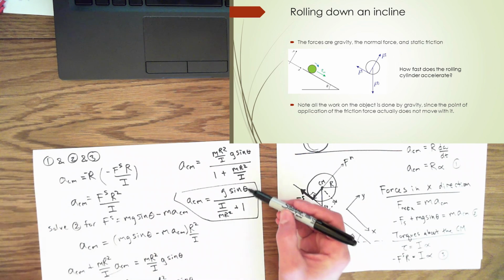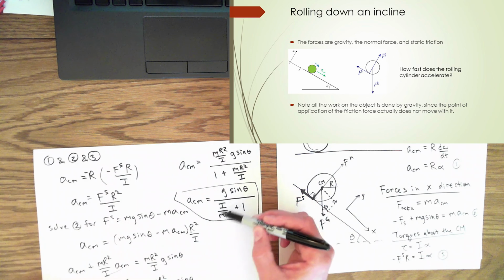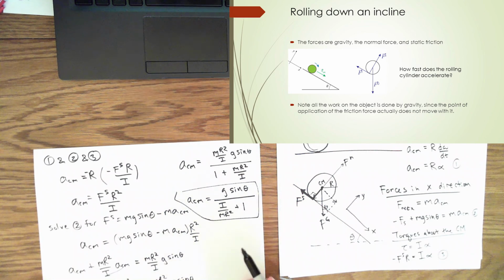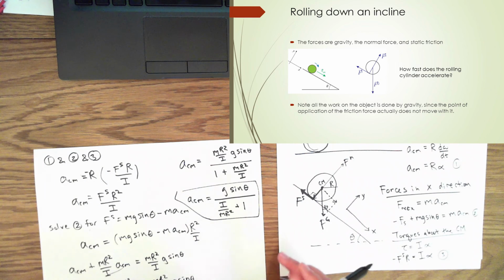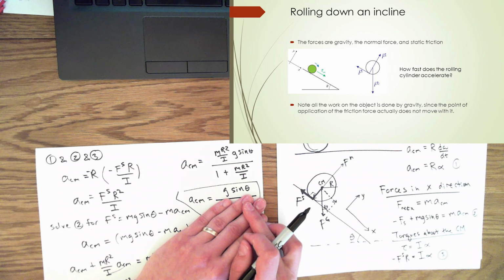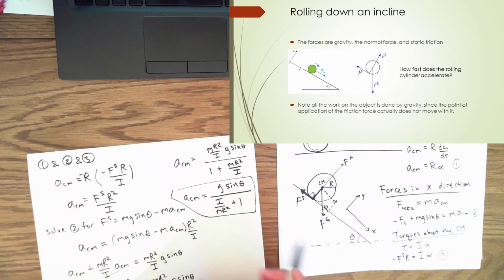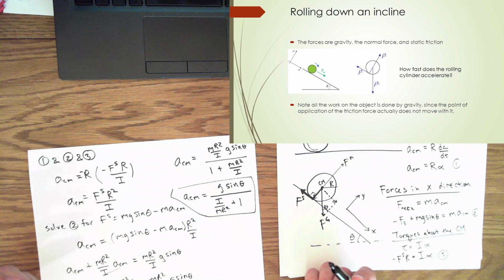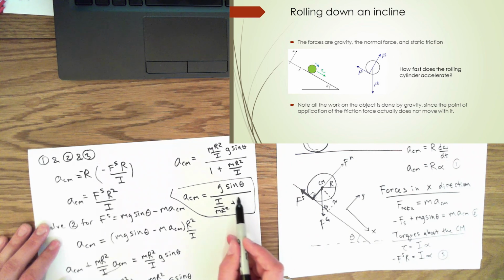For a given theta that we might have in the problem, for a given shape of the body, an I and an m, we could calculate the acceleration of the thing rolling down the ramp. It might be interesting to note that if this was just sliding without friction, the acceleration would be g sine theta. The force is mg sine theta, and if there's no friction to make this thing roll, then the acceleration will just be g sine theta. So the denominator is how the acceleration changes due to the rolling. You can probably see that this denominator is going to be bigger than 1.